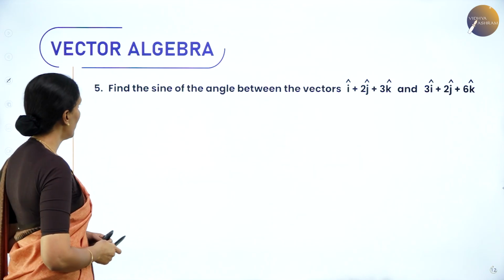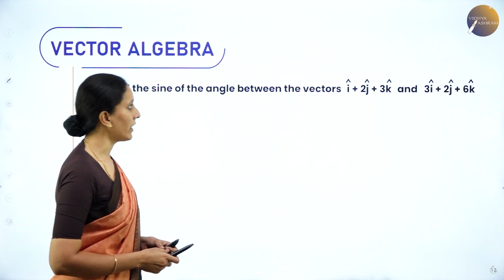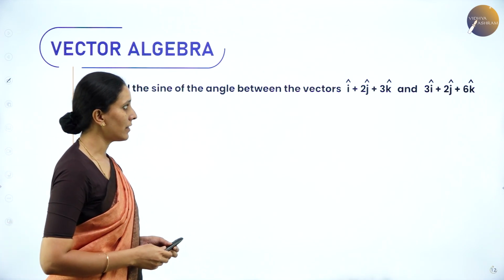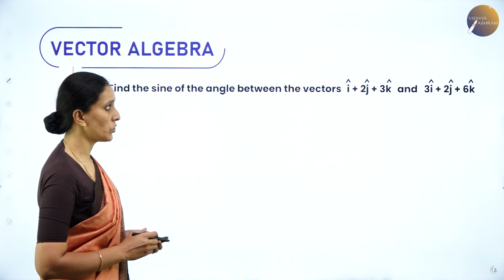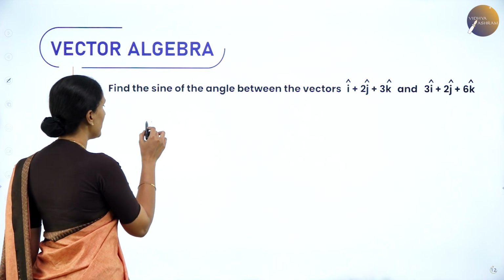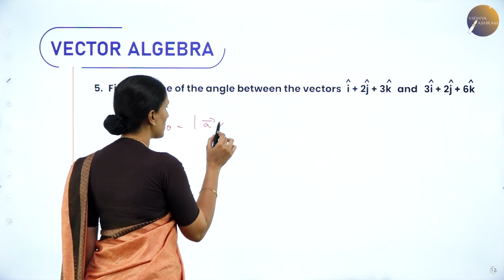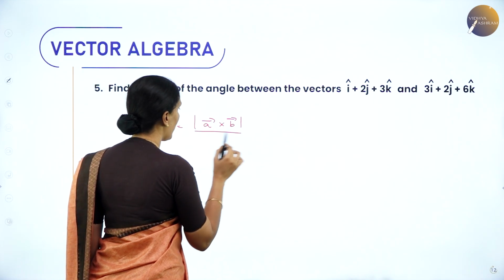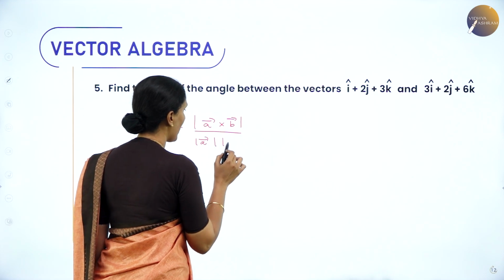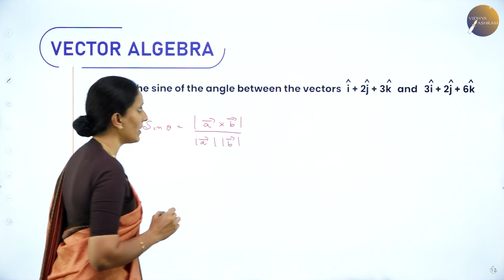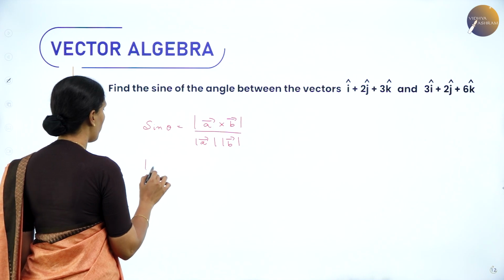Next question is, find the sine of the angle between the vectors i plus 2j plus 3k and 3i plus 2j plus 6k. We know that sine theta is the magnitude of a cross b divided by magnitude of a times magnitude of b. First let us find the magnitude of a.